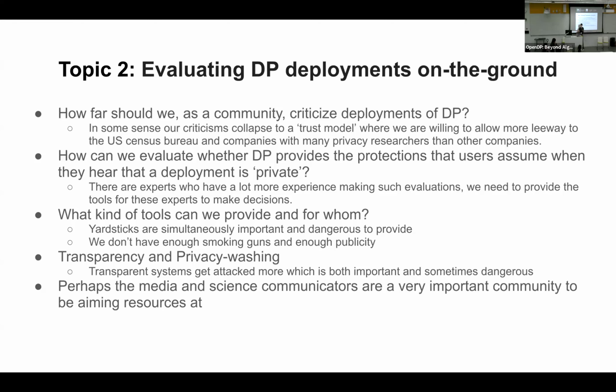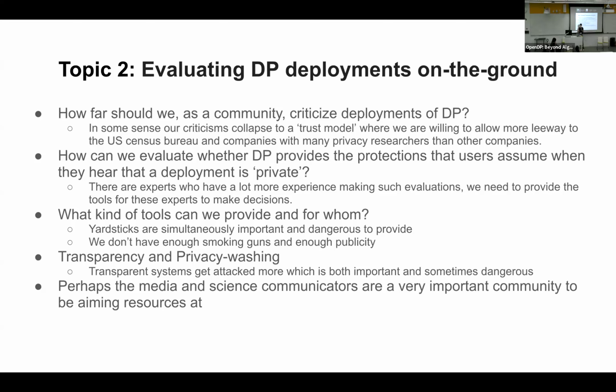A couple of points that were brought up are that we don't have many yardsticks, and we don't have many very public smoking guns that we can really point to and say, here's the thing you're protecting against, here's the problem. And so we're not providing strongholds for these experts to actually do this reasoning, to convince people, to figure out where their trade-offs lie and which systems need something like differential privacy.